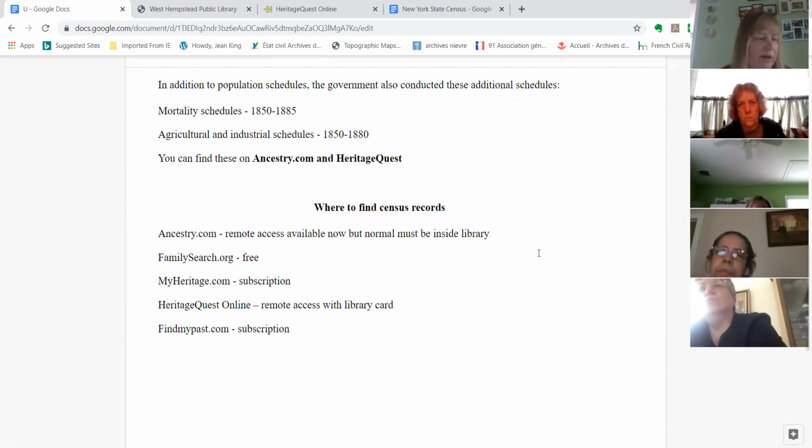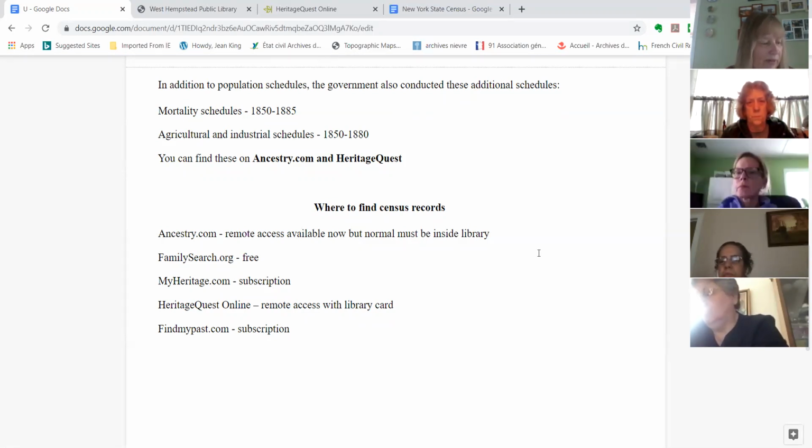There are also agricultural schedules, and those would include information on the number of acres on a farm, the number of livestock, the crops you were producing, and the cash value of your farm. And the industrial schedules had to do with manufacturing businesses, and it was asking about the type of business you had, the number of people employed, and even raw materials that were used.